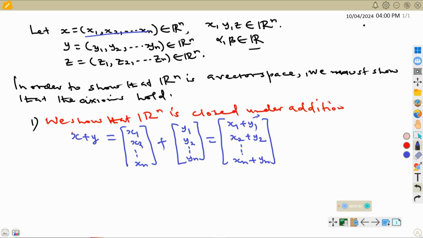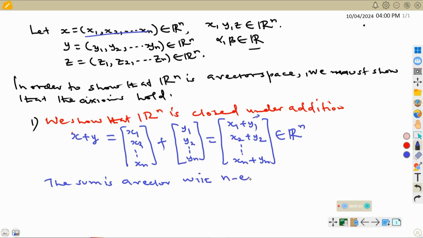x1 plus y1, x2 plus y2. So clearly this shows that these elements are elements of R to power n because there are n of them. There are n entries. So clearly we can see that the sum is actually a vector. A sum is a vector with n entries.